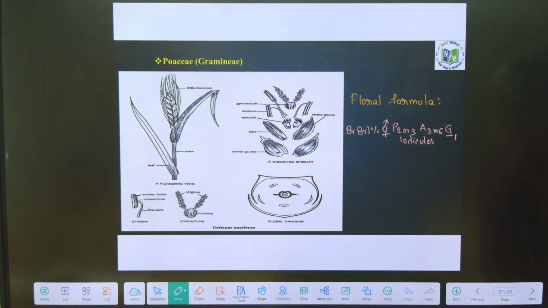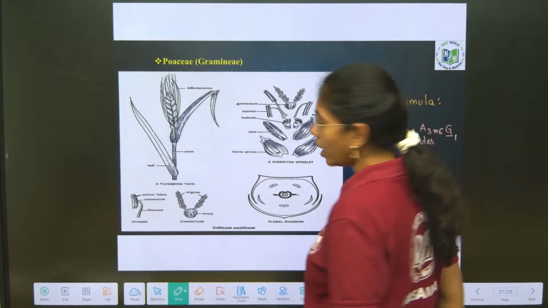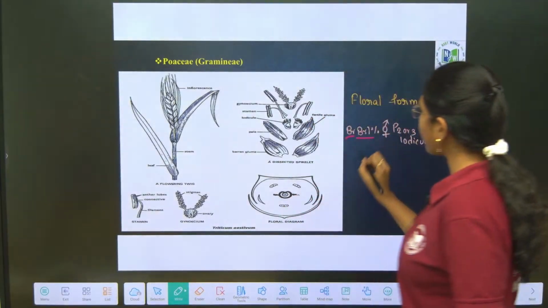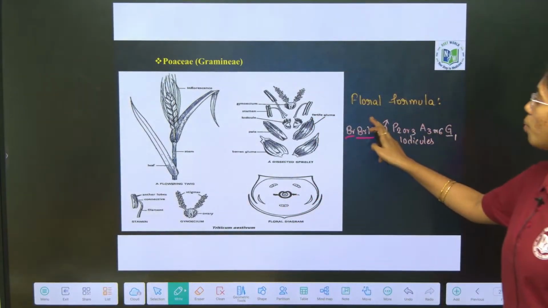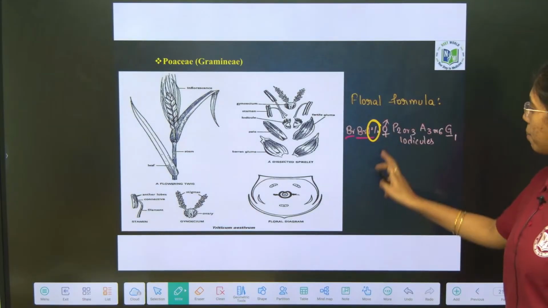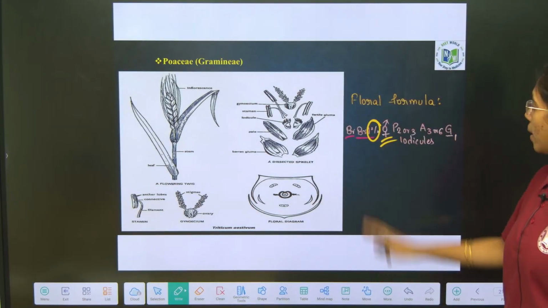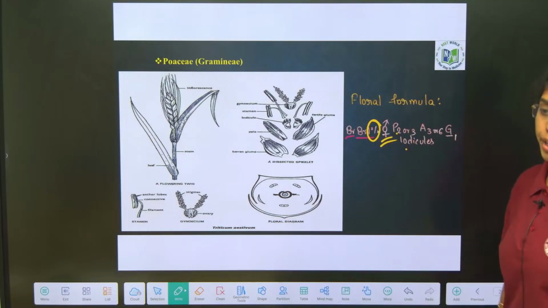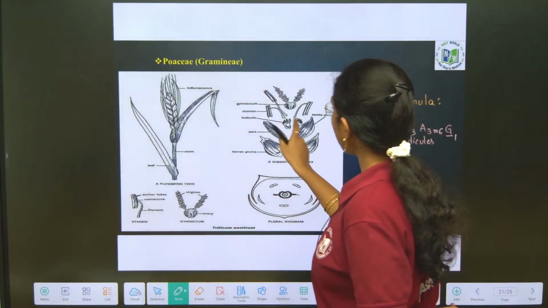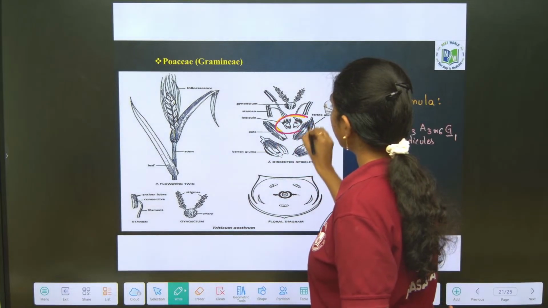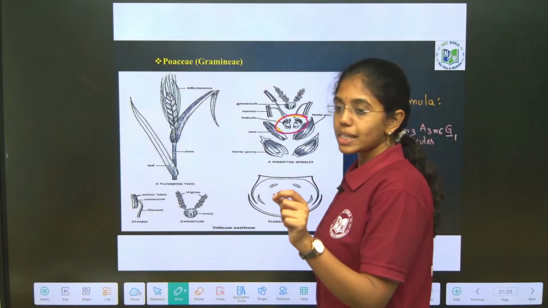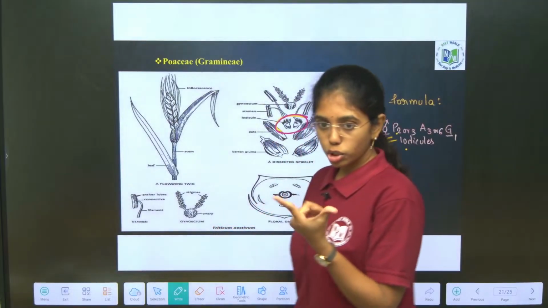Next, Poaceae members, grasses. So here it is bracteate, bracteolate again, zygomorphic, bisexual flowers. Perianth is reduced to lodicules. These are lodicules. In Liliaceae, calyx and corolla is reduced to perianth.